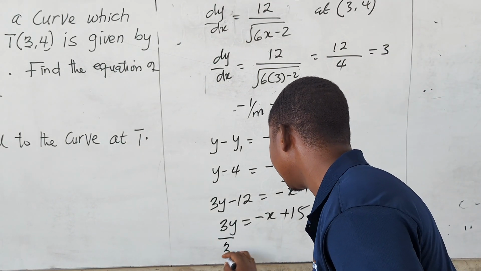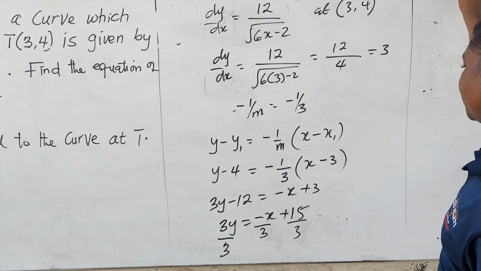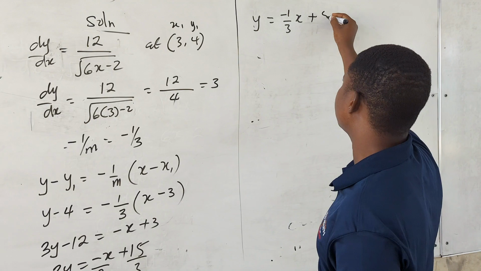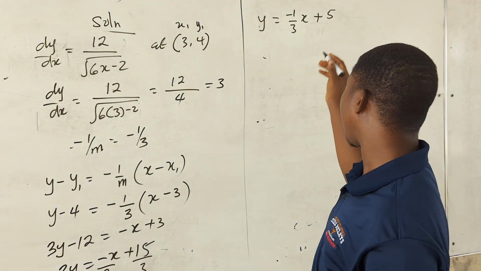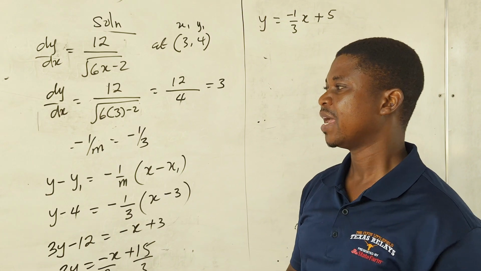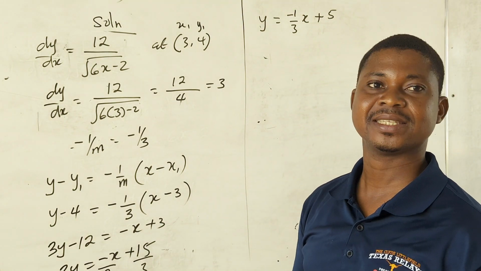Dividing through by 3, y is equal to negative 1 over 3 x plus 5. And this gives us the equation of the normal to the curve at T.